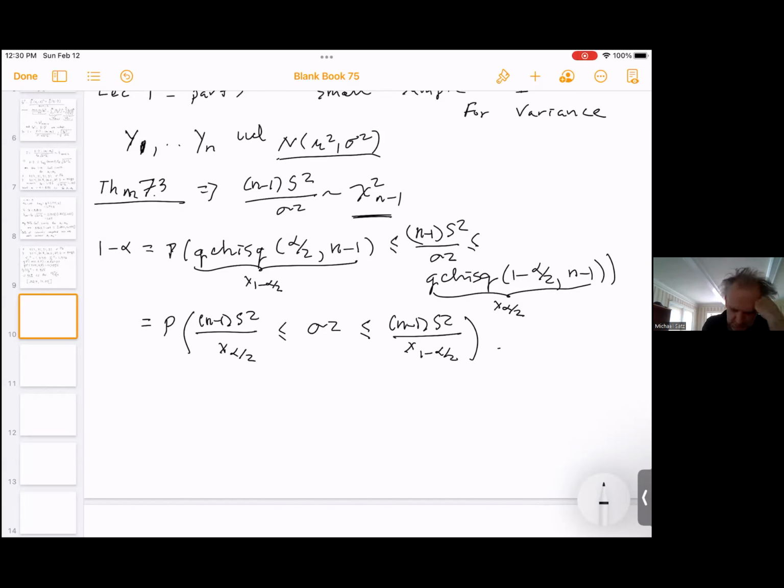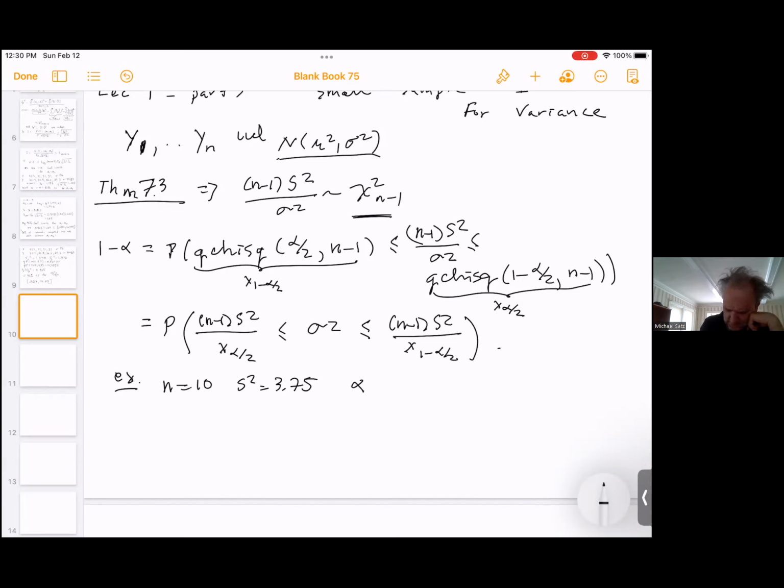So for example, say we assume normal and say we have 10 samples, so n equals 10, s squared equals 3.75. I don't remember if this is from another example or not.